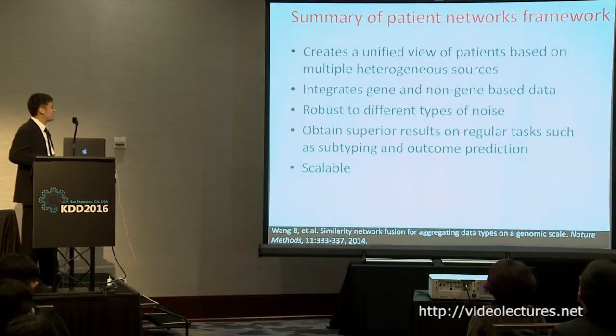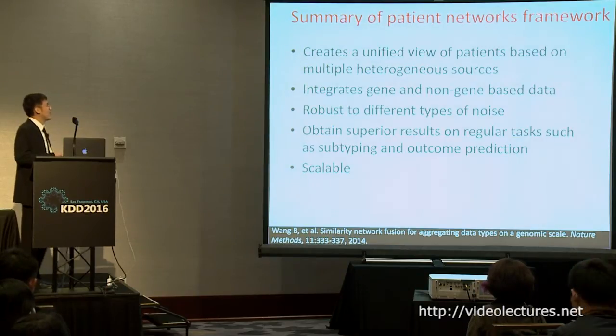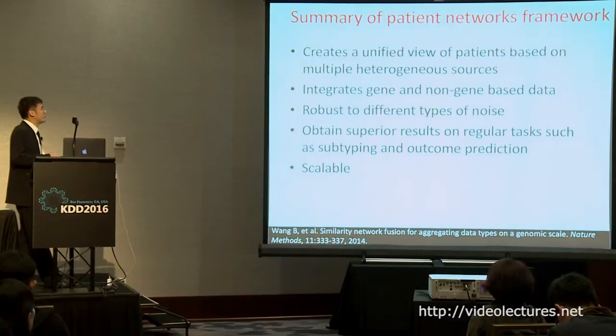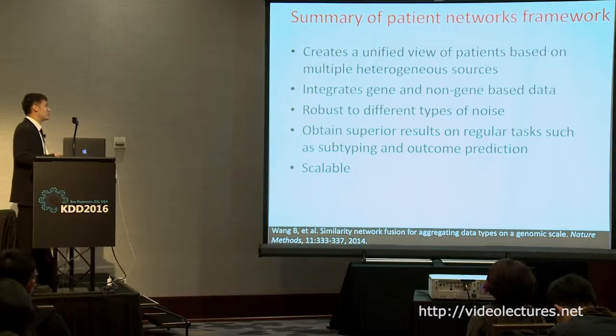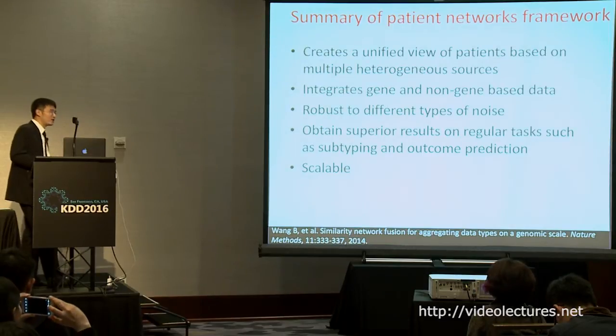In this case study, we introduced the methodology by Wang, the Similarity Network Fusion methodology, and it creates a unified view of patients based on multiple heterogeneous sources, and it can integrate gene and non-gene based data, and it's very robust to different types of noise because it's very simple.